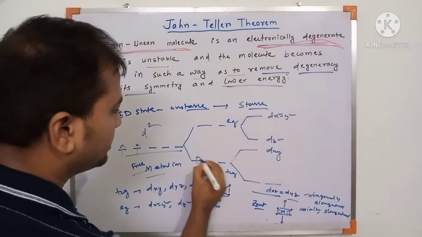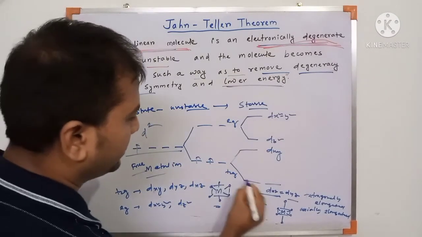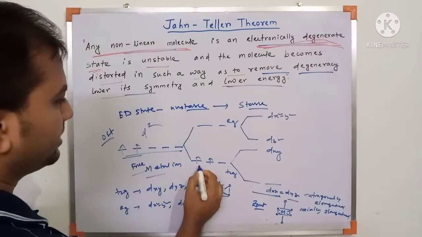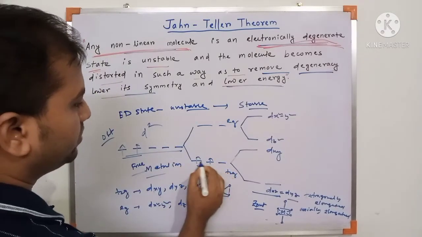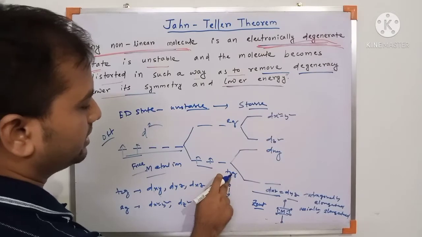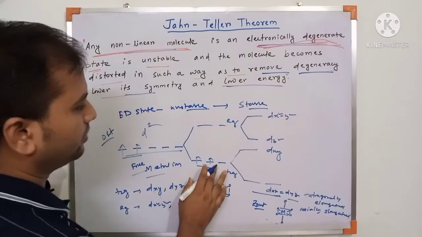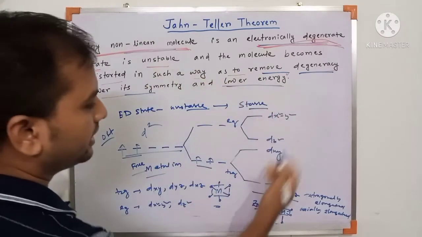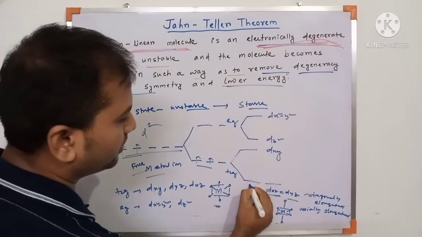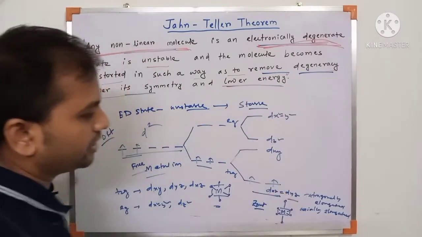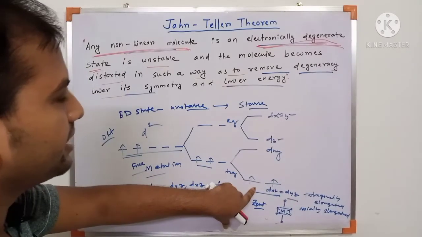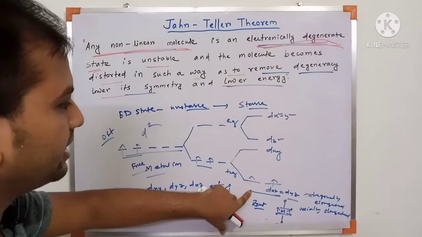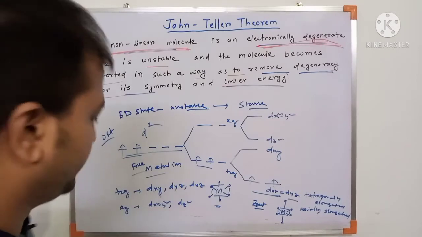So 2 electrons are there, and this is an electronically degenerate state because t2g has 2 electrons. This is unstable. To form a stable state, the degeneracy is removed. So unsymmetrical to symmetrical. This is the Z-out case.